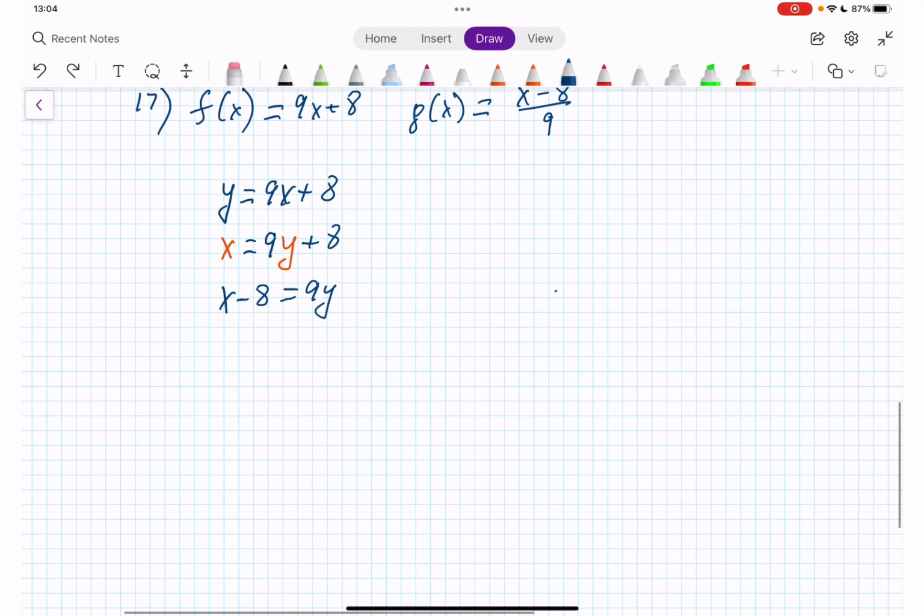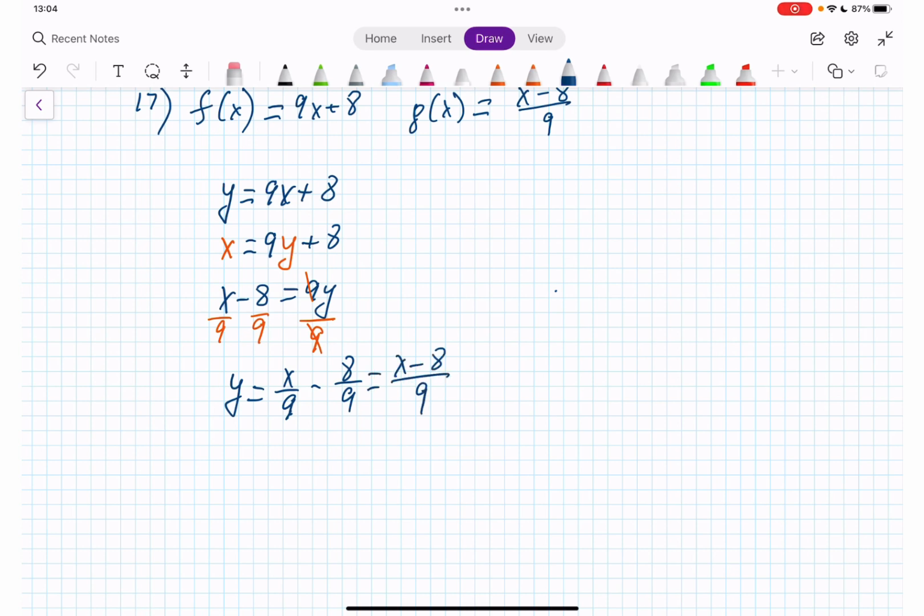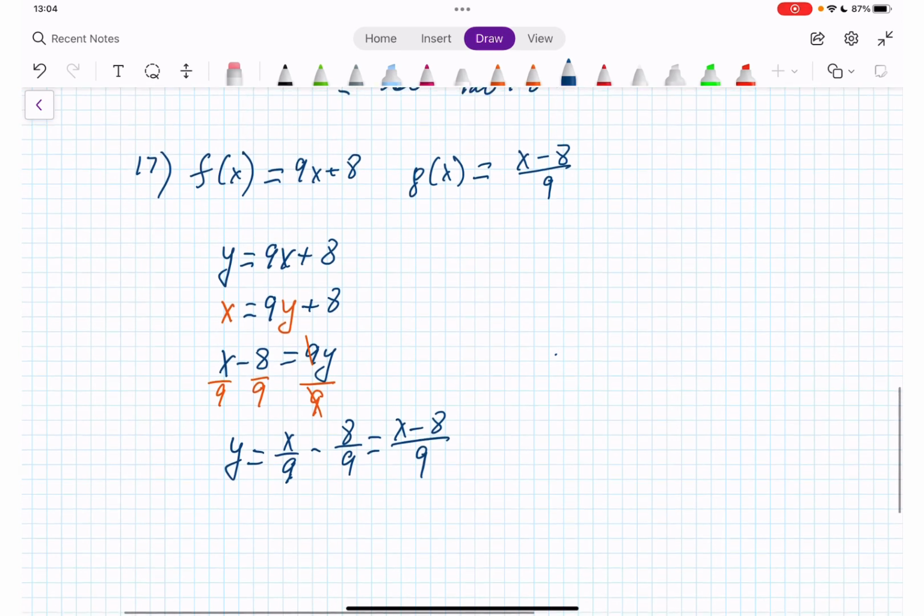Okay, so from here, to find y by itself, I need to divide by 9, right? Because I want y. Divide by 9 and divide by 9. So these two are gone, cancelled, and my y is equal x over 9 minus 8 over 9. Which, the denominator is the same, I can write x minus 8 over 9. And we got the inverse.